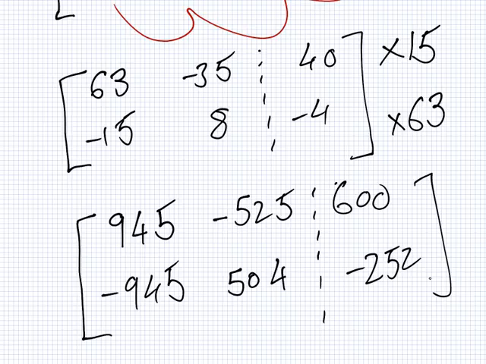Now, can you see why I chose those numbers? What's happened? The first ones are the same. Now, let's remember our second rule. We can add or subtract any two lines together. So I should add the first line with the second line and put the answer on the second line.